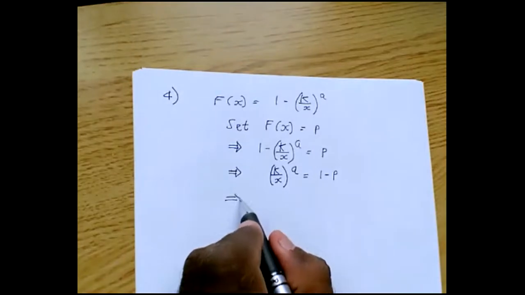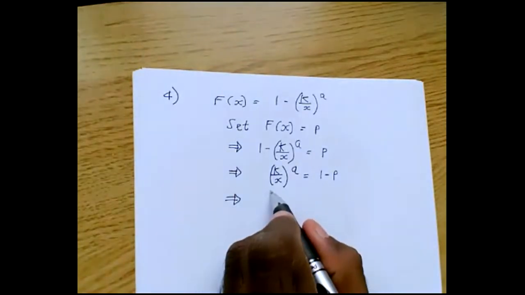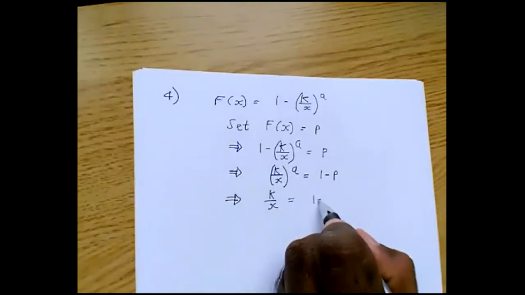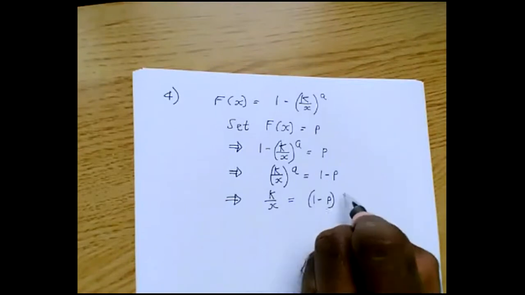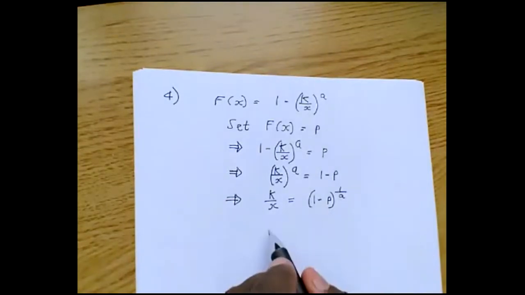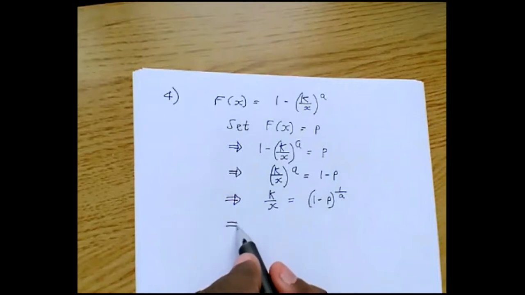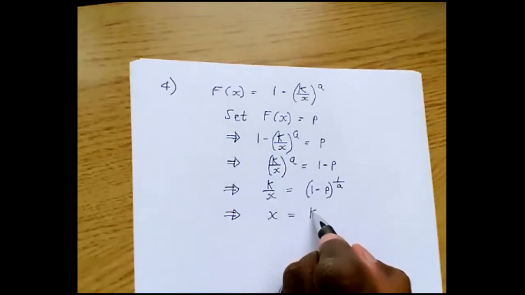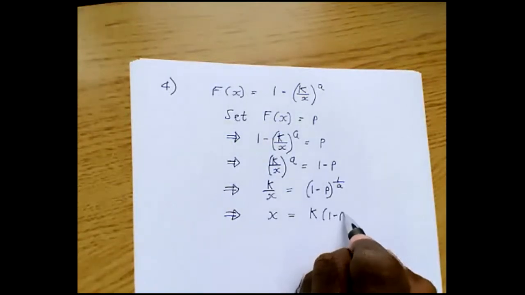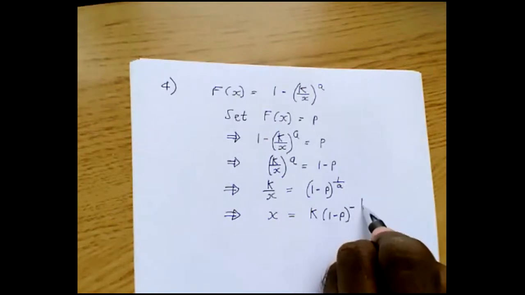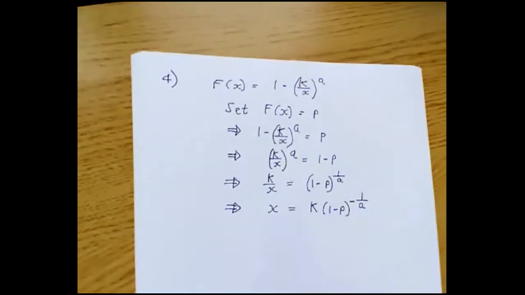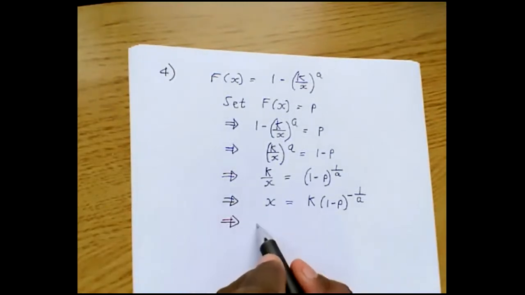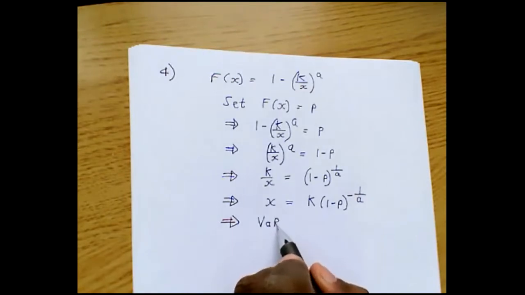And this implies that K over x is equal to 1 minus p to the power 1 over a. So x is equal to K times this. Okay, so this is the expression for VaR.